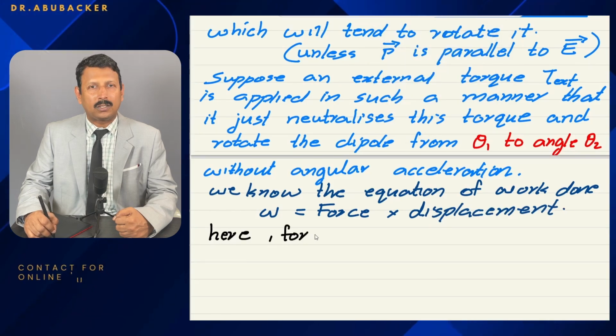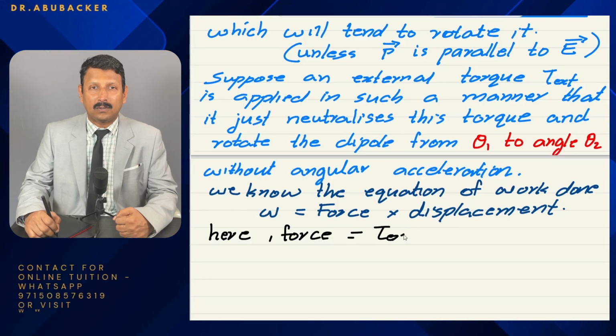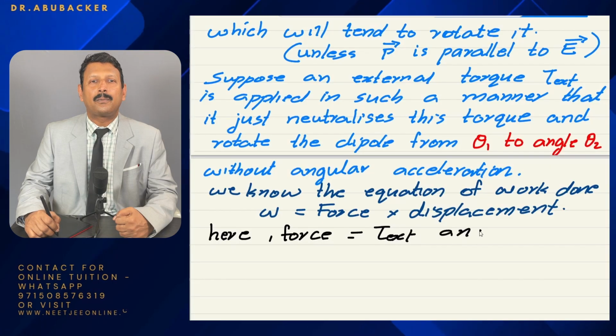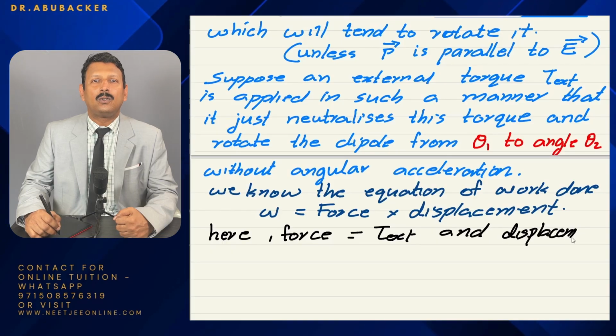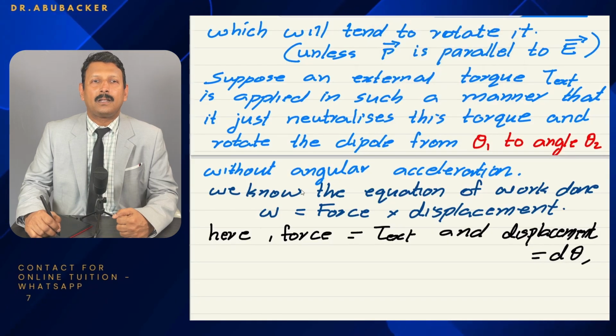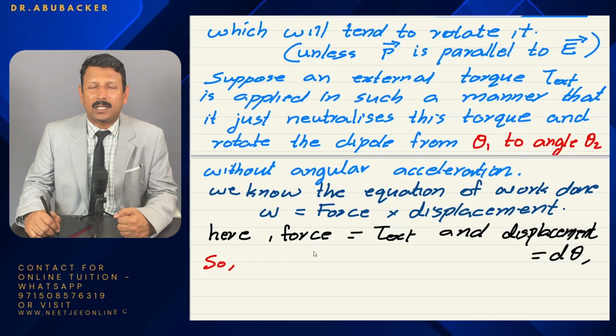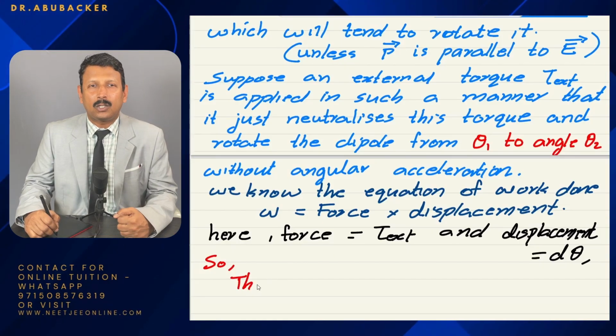W is equal to force into displacement. And here we are going to write what is the force. The force is the external torque, so work done is torque external and displacement. You know that in rotational motion force is actually the torque.